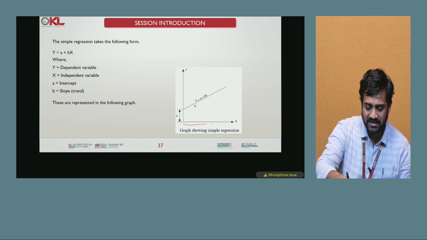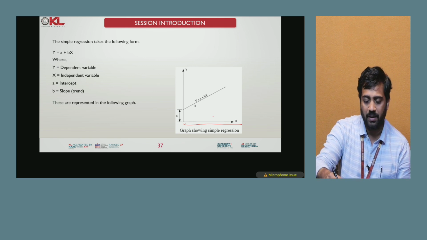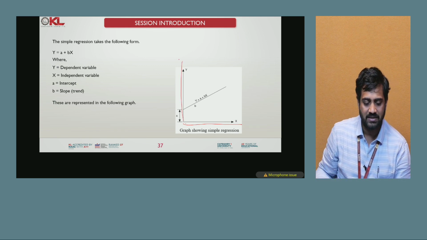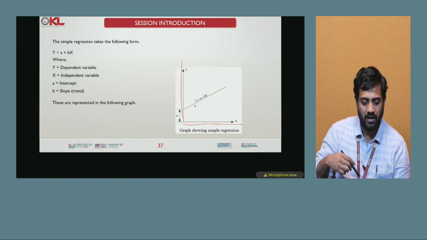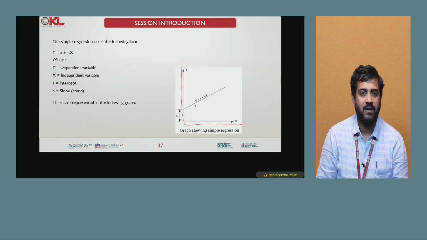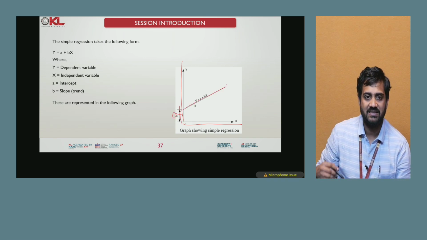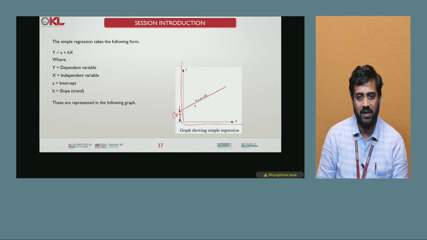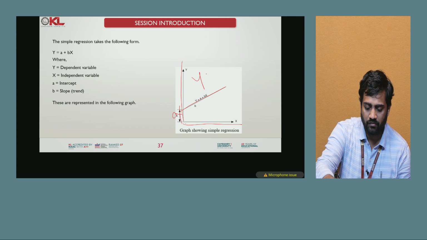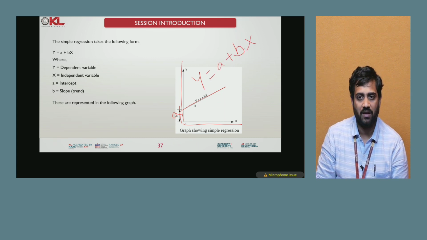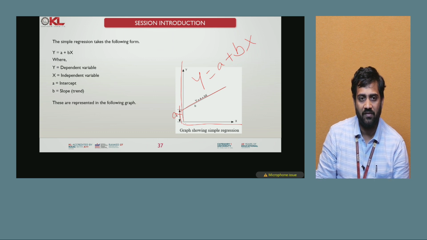On the x-axis we took x, the independent variable, and this is y, the dependent variable. This is the intercept a, and this is the slope or trend b. So regression takes the form y equal to a plus bx, with which we can estimate the required values of the dependent variable y.